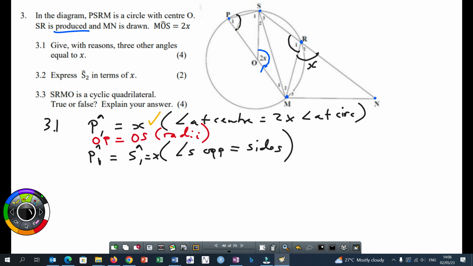Of a cyclic quad. Therefore, R2 is equal to what? To P1. So, we will say R2 is equal to P1, and both are equal to x, and our reason will be exterior angle of a cyclic quad.